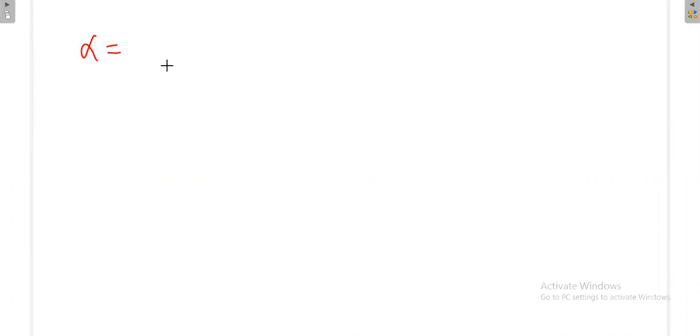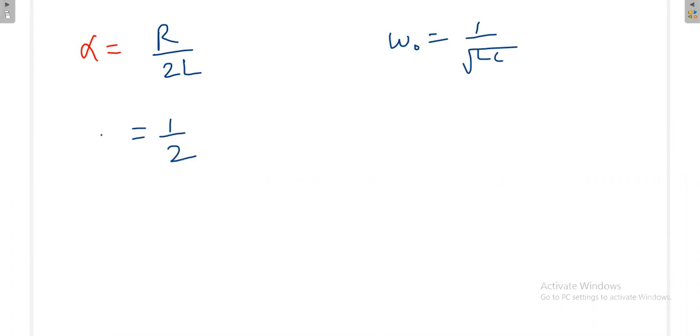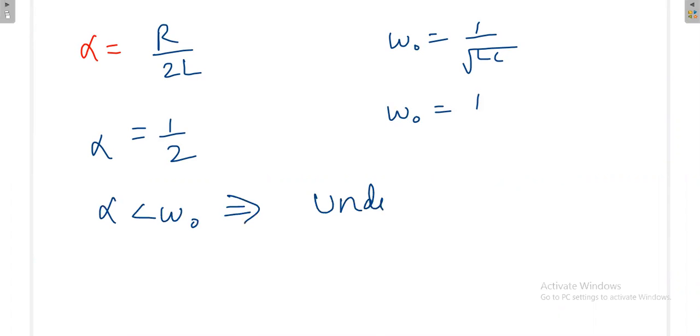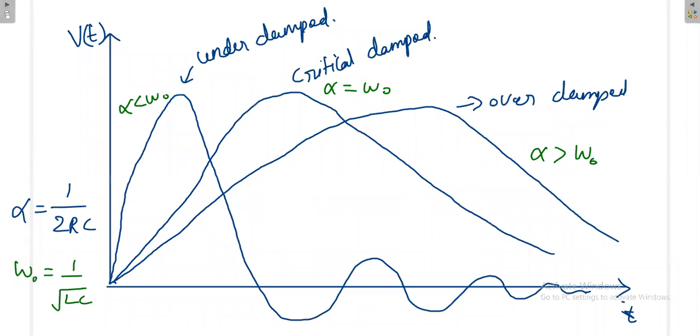Alpha for a series circuit is R by 2L, and omega naught is 1 by root LC. All the values are 1, so alpha is 1 by 2 and omega naught is 1. That means alpha is less than omega naught. This system is called an underdamped system, so option A is correct.